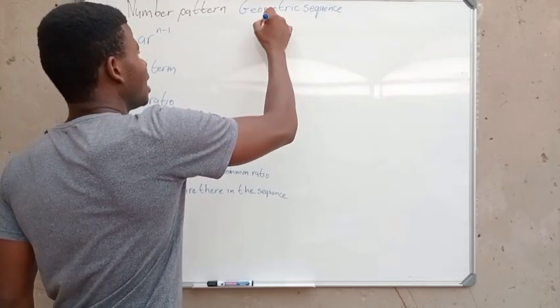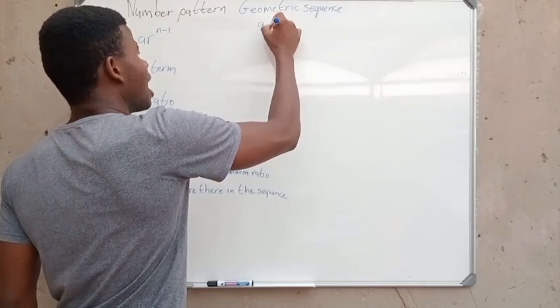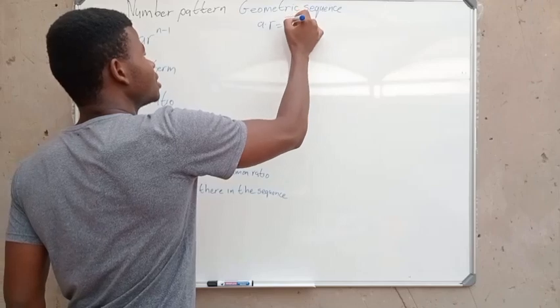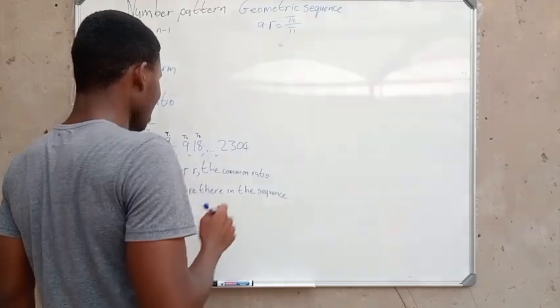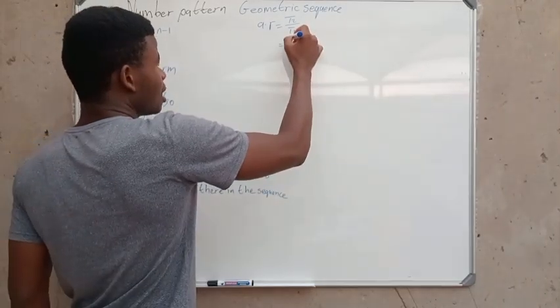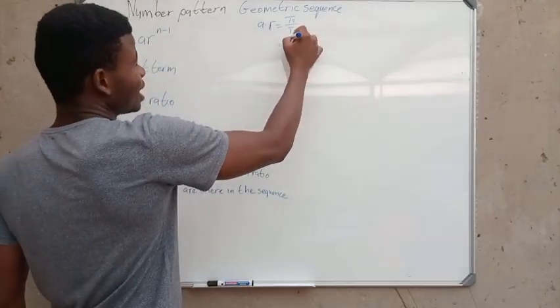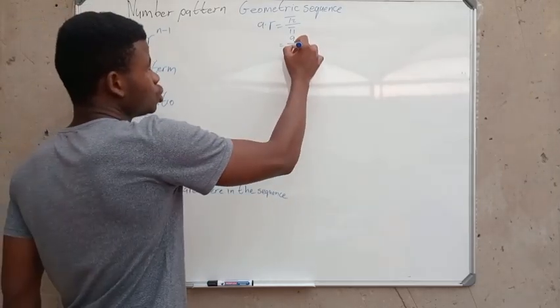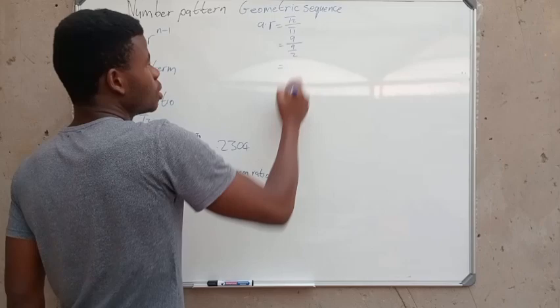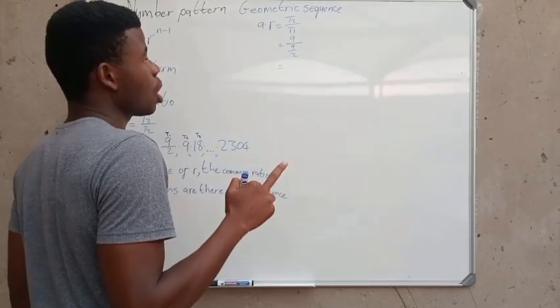The formula of R is T2 over T1. Our T2 is 9, and our T1 is 9 over 2. Then we will get what?